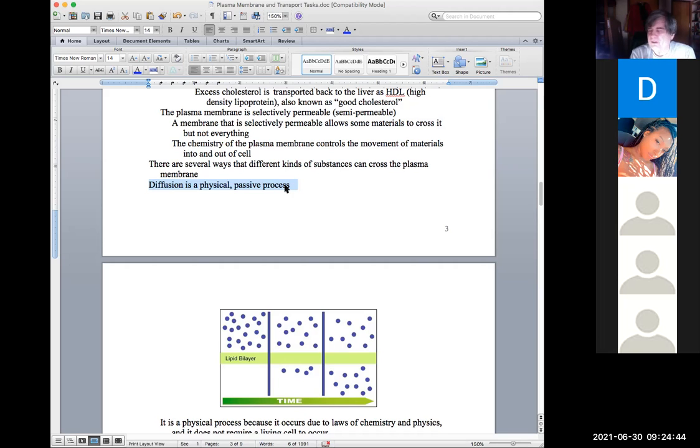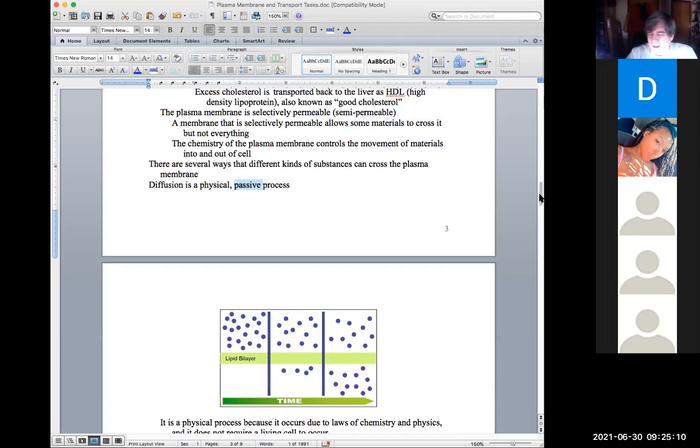It has nothing to do with how cells work. And in fact, diffusion is used in a lot of industrial processes, because diffusion isn't a biological process. We don't need a living cell for diffusion. We don't need a cell at all. So there are a lot of industrial processes that use diffusion. And it's passive. And passive means that it doesn't need any energy.